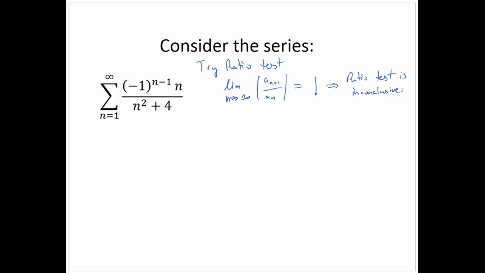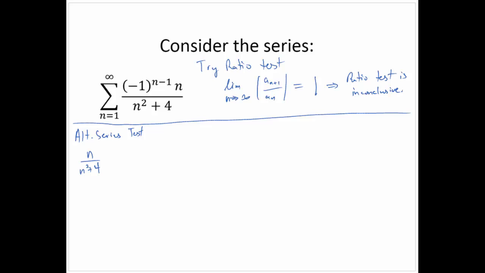All right, so here's what I now notice. Let's look at this again. I've got this negative 1 to the n minus 1. Let's try the alternating series test and let's see what that tells us. If we forget about the negative 1 to the n minus 1, we consider n over n squared plus 4.